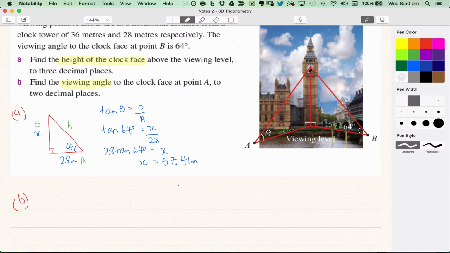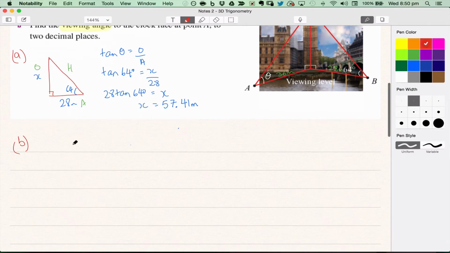So we'll need to redraw this left-hand triangle. I'm going to do that down here with a right angle in it, because we know it's got a right angle. This length is 36 metres.